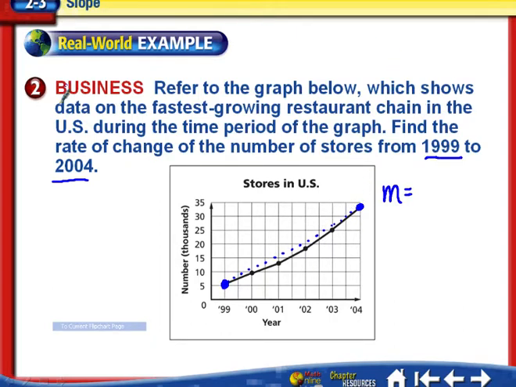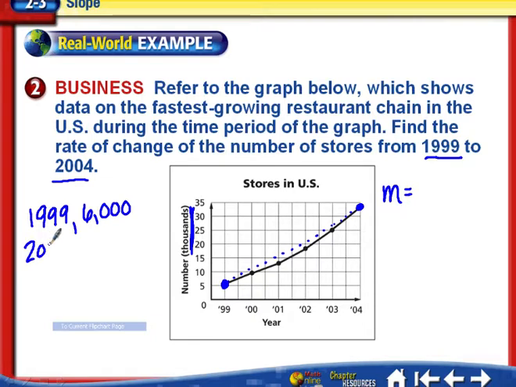Now you can see they didn't give us precise measurements in this example. So what I'm going to do is I'm going to estimate that at 1999, there were about, I'm going to measure, it's a little bit over 5, so I'm going to say there were 6,000 fast food chains because this axis is based off of thousands.